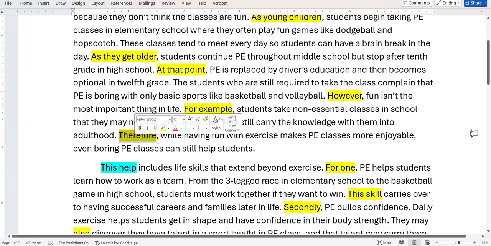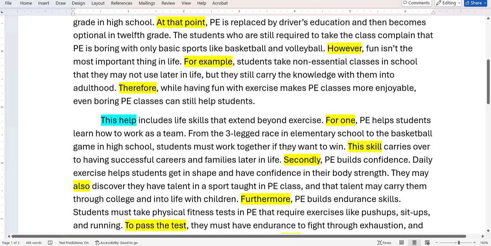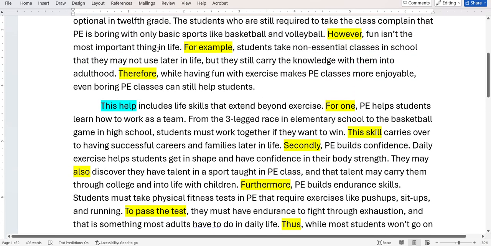And then words like therefore and in conclusion and in summary and thus and as a result, those tend to signal closings of paragraph. So when I have switched here, my reader knows, okay, they're wrapping it up. And so with this last sentence, I said, therefore, while having fun with exercise makes PE classes more enjoyable, even boring PE classes can still help students.